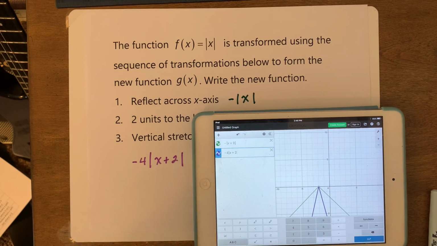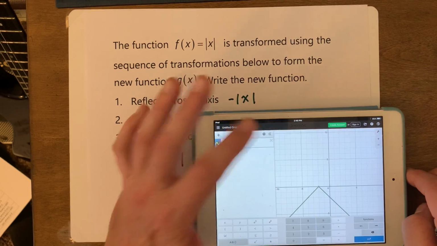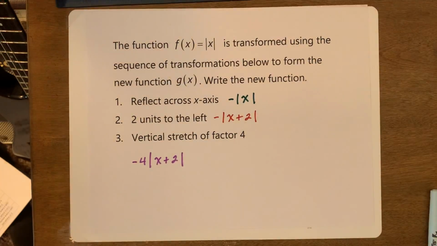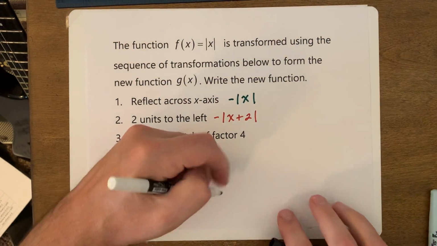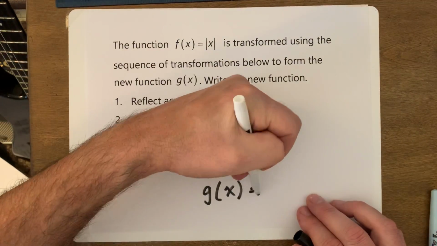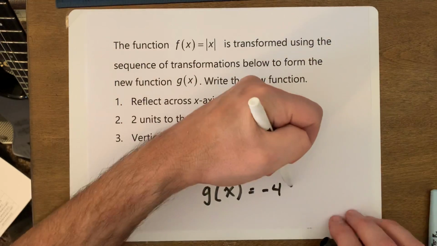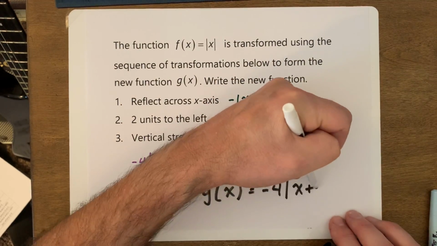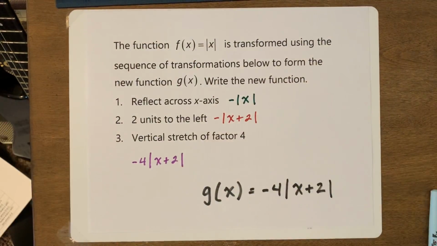So that works. Everything looks good. We'll get rid of those. And now we'll go ahead and write our final answer as g of x equals negative 4, and then absolute value of x plus 2. Okay, and we should have full confidence in that answer right there.